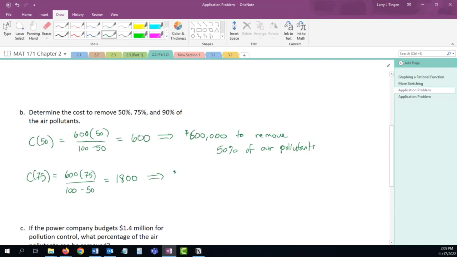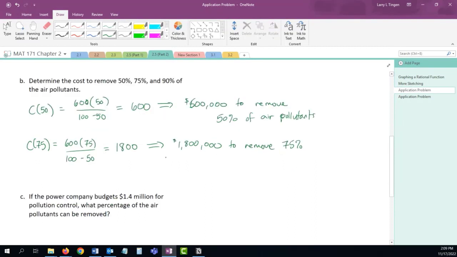So now I've gone from 50 to 75%, and now I'm at $1,800,000, which is 1.8 million, right? Because remember, these are in thousands of dollars. So now to remove 75%, it's going to cost me 1.8 million.